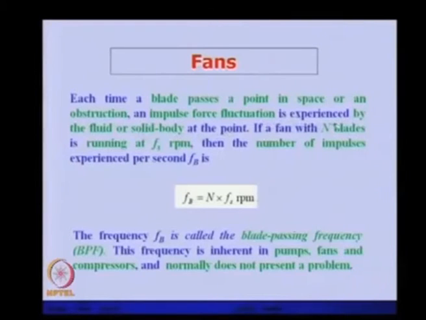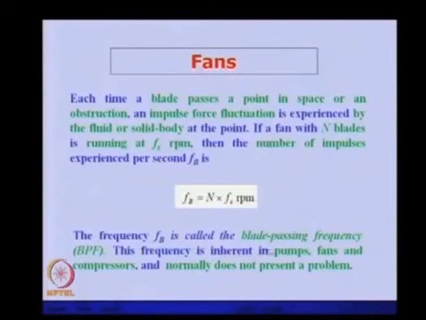If a fan with n blades is running at Fs RPM, then the number of impulses experienced per second will be n times the speed of the fan. This is called the blade passing frequency, BPF, similar to the tooth missing frequency.